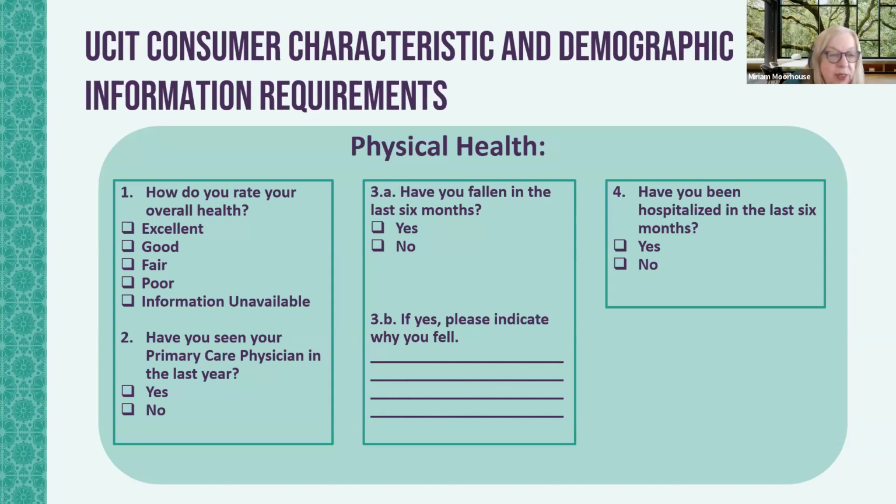Then have you fallen in the last 6 months? And then explain why if you have fallen. And have you been hospitalized in the last 6 months? So we're trying to determine how the person thinks about themselves. So what services do they believe they need? The next slide, please.